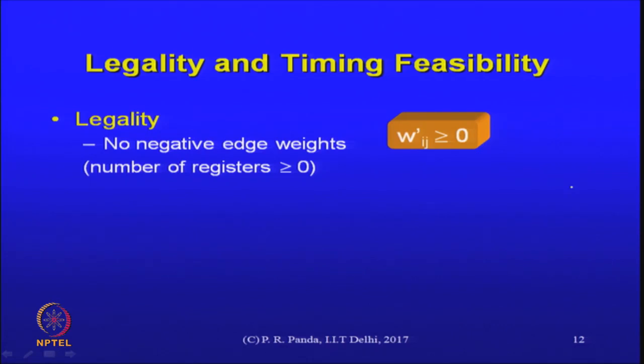The node delays are not changing through this process, retiming is only changing the edge weights, but the Dij is defined in terms of Wijs, therefore, it might actually change. Even though the individual node delays are not changing, the path delays defined in that way will change, because which paths you select are changing.